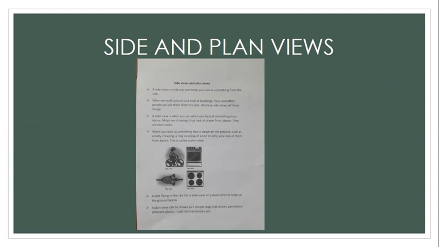So things like your buildings, your trees, and other people, we always see them from the side. We then learned a very important point about a plan view. A plan view is what you see when you look at something from above. Maps are drawings that look at places from above. That was a very important point.